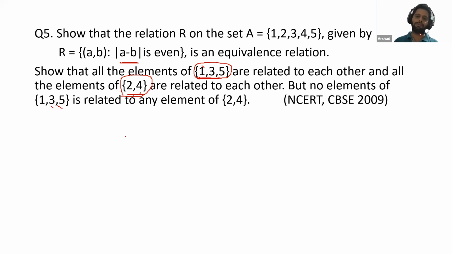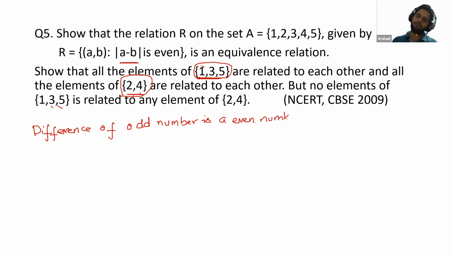So we will write this statement: the difference of odd numbers is an even number. Hence 1, 3, 5 are related to each other.